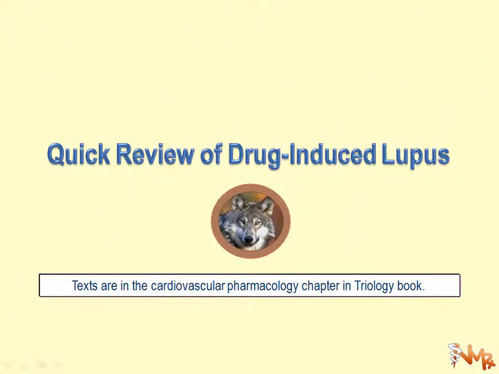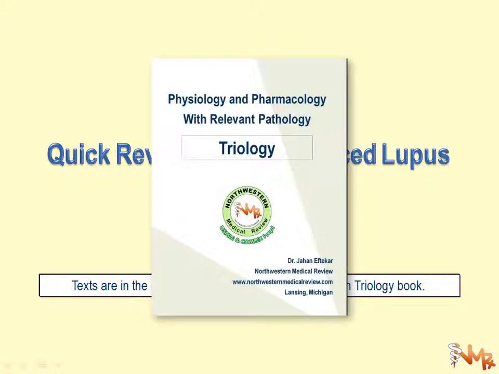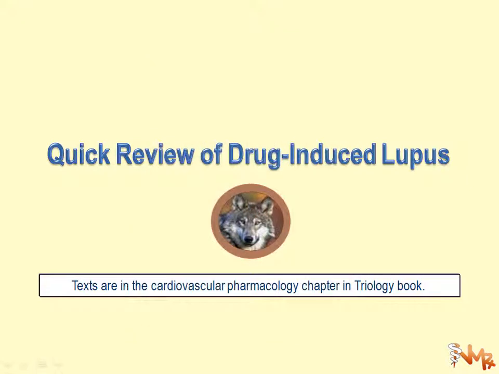Let's quickly review the drug-induced lupus. You may not have this segment in your immunology book because I have these slides and associated texts in your cardiovascular pharmacology chapter, and the texts are in the triology book, so you may refer to that chapter.